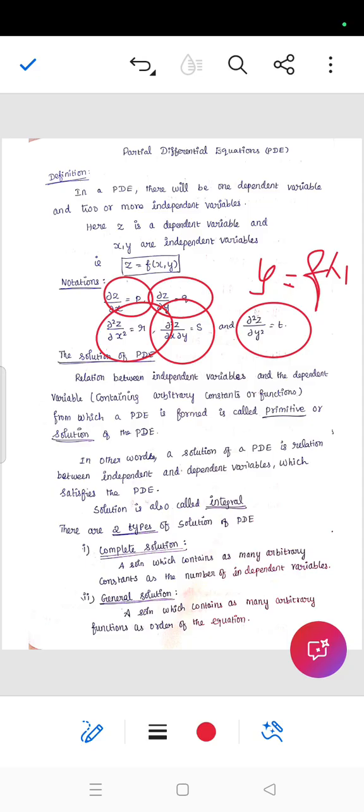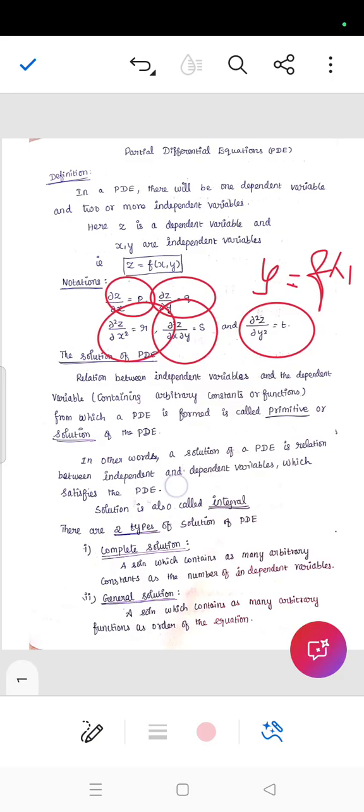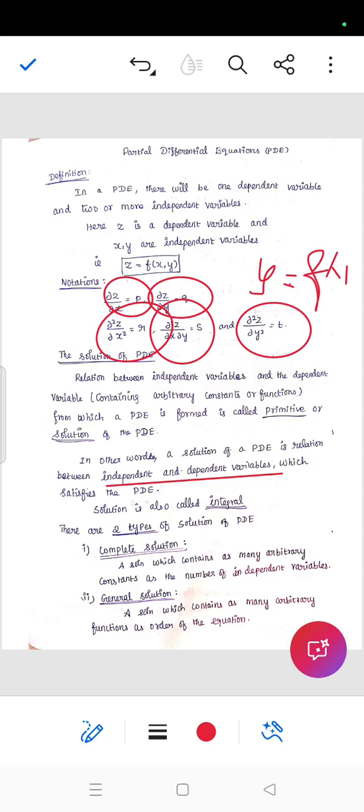In other words, a solution is nothing but a relation between the independent and dependent variables which satisfies the given partial differential equation. In this chapter, a solution is otherwise called an integral. In the last chapter also, we found the particular integral, which means the particular solution. So an integral is also called a solution. So kindly make a note of it.